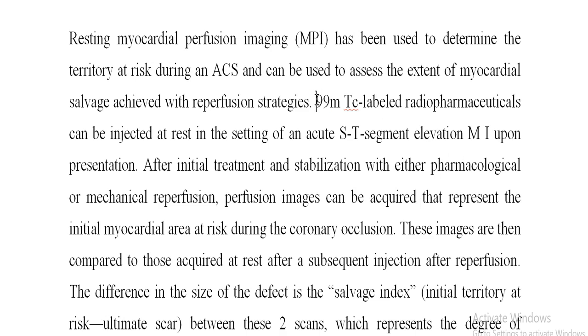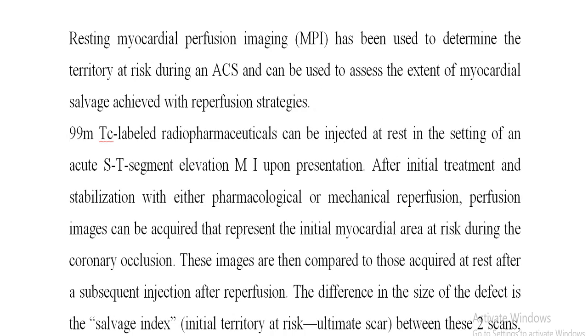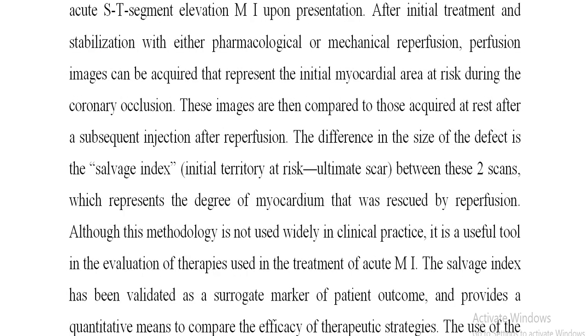After initial treatment and stabilization with either pharmacological or mechanical reperfusion, perfusion images can be acquired that represent the initial myocardial area at risk during the coronary occlusion. These images are then compared to those acquired at rest after a subsequent injection after reperfusion. The difference in the size of the defect between these two scans, initial territory at risk versus ultimate scar, is the salvage index, which represents the degree of myocardium that was rescued by reperfusion.